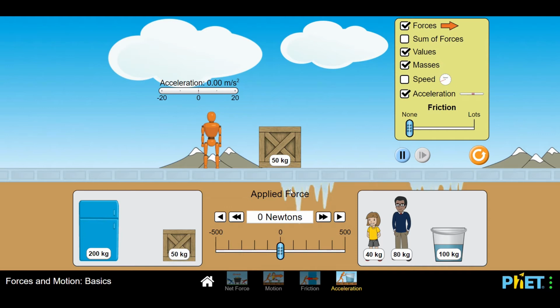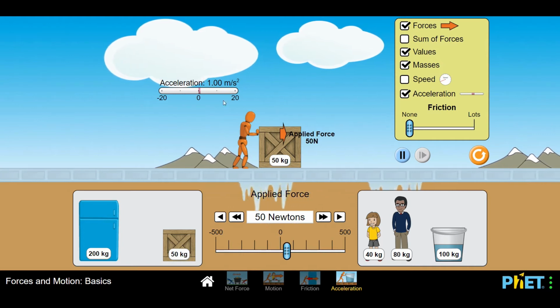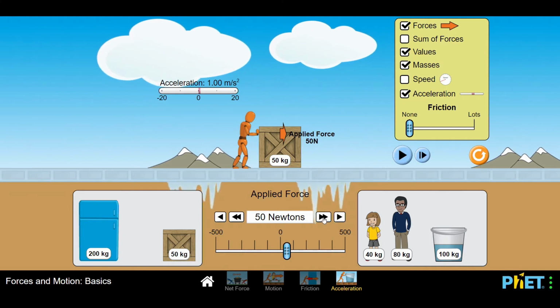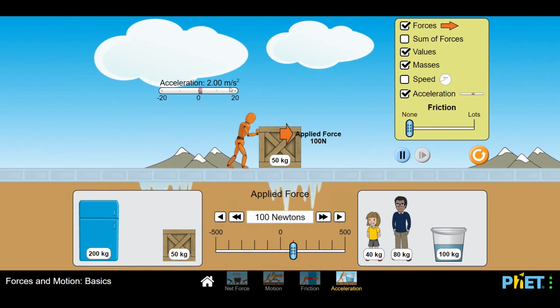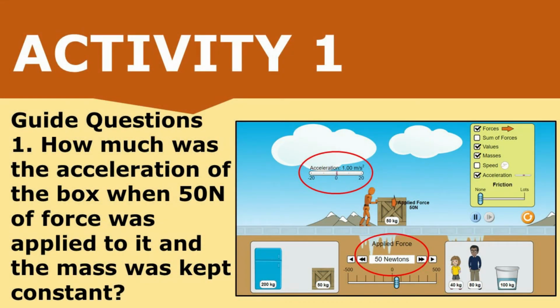For the first situation, let us apply a 50 Newton force on the 50 kilogram box. Please note the acceleration. Next, let us double the force applied to 100 newtons and keep the mass of the box constant. Please note the acceleration. Guide questions. Number 1.